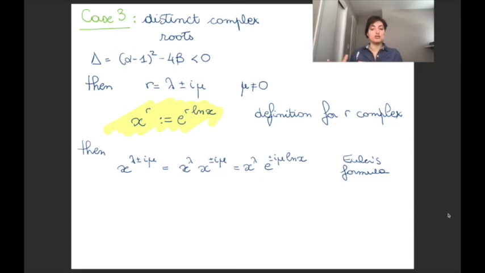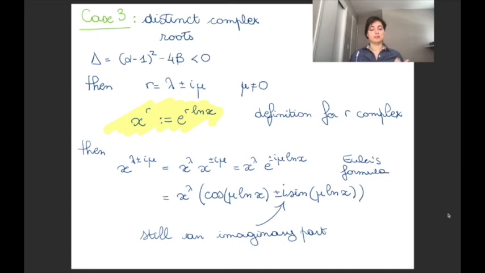And for the exponential, we have Euler's formula. That means that you can write all of this as x to the lambda cosine of mu logarithm of x plus or minus i sine of mu logarithm of x. We still have an imaginary number in front of the sine.